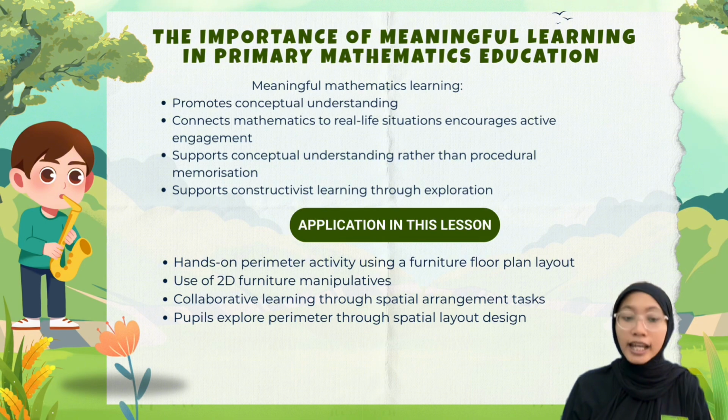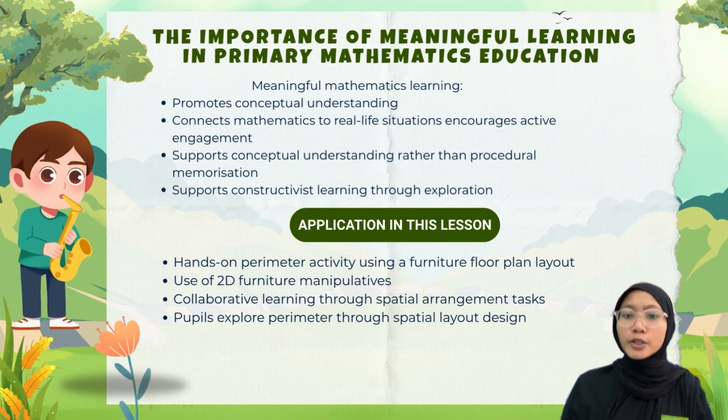In this lesson, we use a furniture floor plan so pupils can relate perimeter to how objects are arranged in a real room environment. Besides that, meaningful learning encourages active engagement. Pupils are not just listening but actively involved in arranging furniture shapes, identifying sizes, measuring lengths, and calculating perimeter.